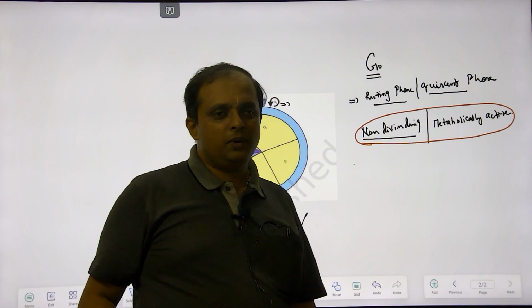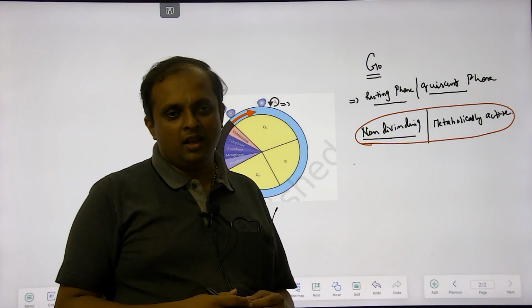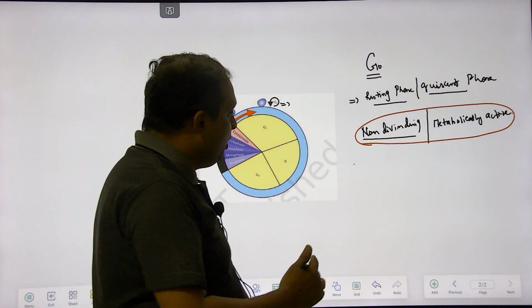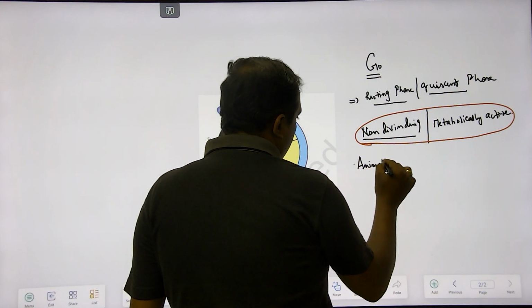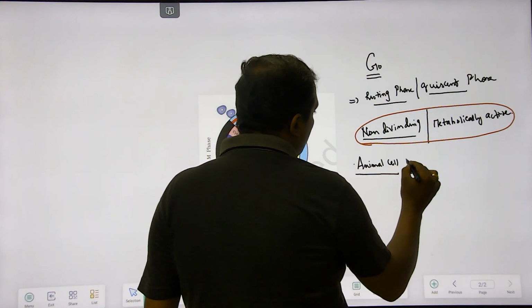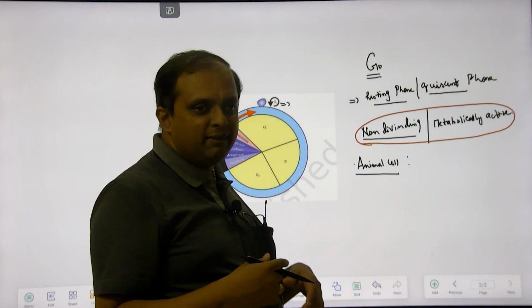Where do you really find cells in the G0 phase? I can give you two contexts. Generally this is seen in animal cells. I can take human as an example, because humans belong to the animal kingdom.